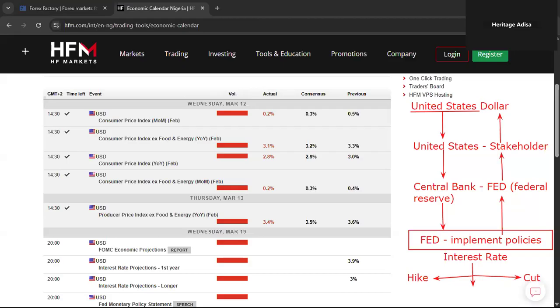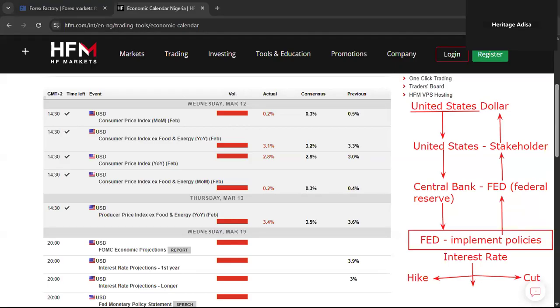Inflation is so important in Forex because central banks pay attention to inflation to decide how they are going to adjust their interest rate. I'll repeat that. Inflation is so important in Forex because inflation is an economic indicator, or data, that central banks pay attention to decide how they are going to adjust their interest rate.